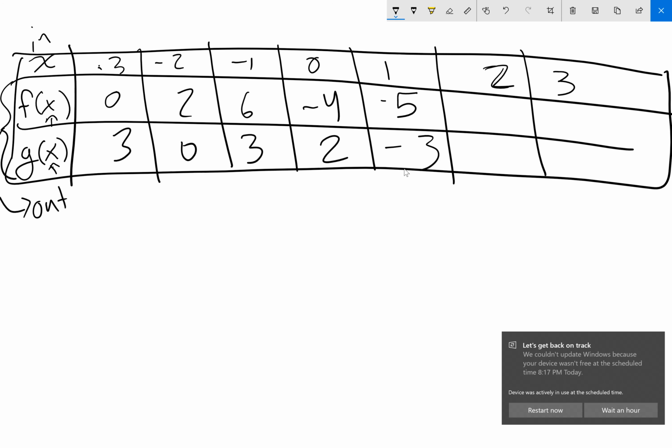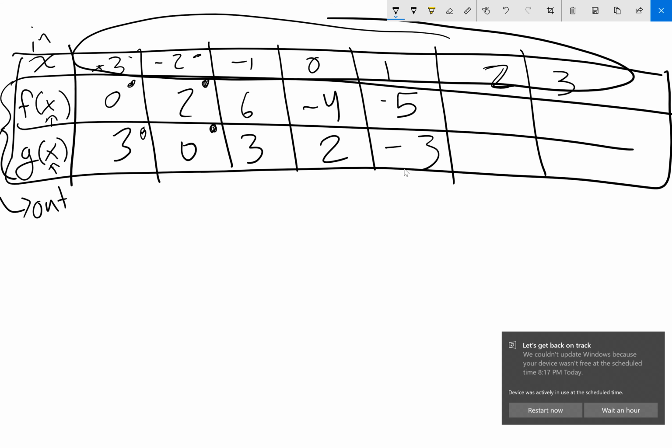Because this input of -3 has only one output in f of x, and it has only one output in g of x. This input of -2 has only one output in f of x and one output in g of x. So those are functions. An easy way to tell is if you don't have any repeating numbers in your input, it's a function. Okay.